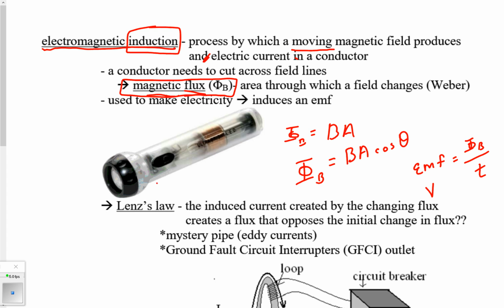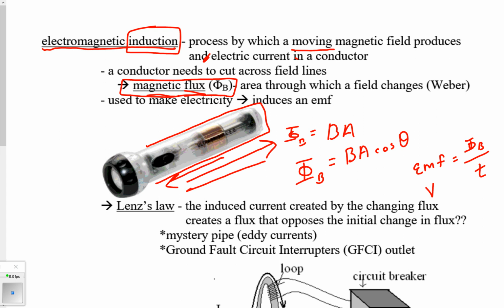One of my favorite examples of induction, used in so much, are these little shake lights. All you have to do is shake this back and forth. Have you ever thought about what you're shaking? Inside here there's just a magnet, a north and south pole magnet, and you're shaking the magnet back and forth inside the coil, and that's what creates the flow of electricity.